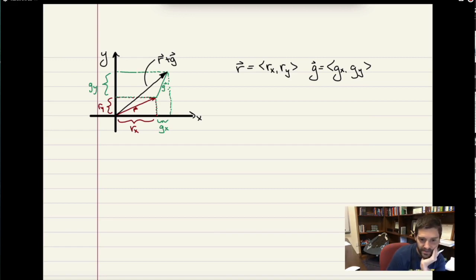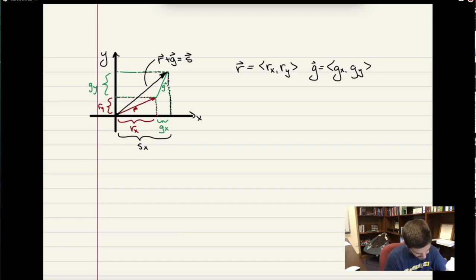But just by staring at this coordinate system, it is easy for us to write down what the sum is. Let me call this sum s, so it's not confusing. So s starts here at the origin. If I were to drop down a line, this represents the horizontal component of s.